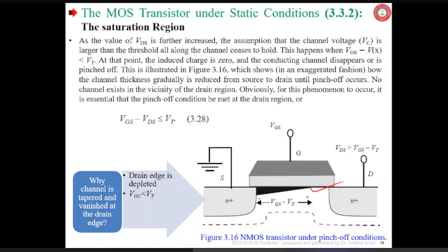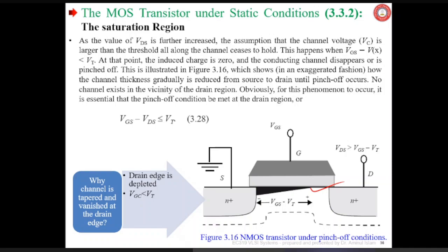So the saturation condition we have understood. Condition for saturation: VGS should be greater than VT and VDS should be greater than or equal to VGS minus VT. So these are all discussed, so I am just skipping. What is CLM? You know the unit of lambda. You should know why ID increases with VDS. This is also known to you. Yes or no?